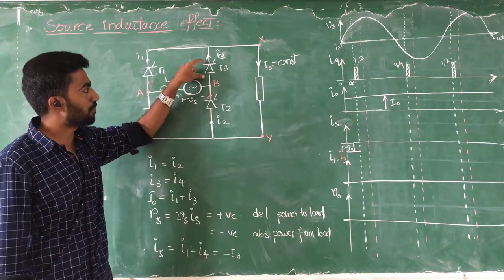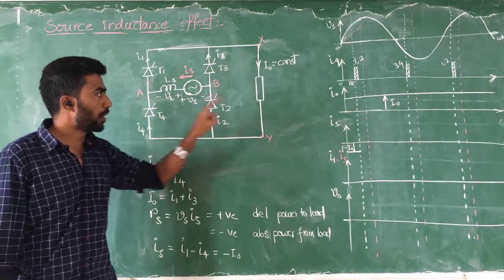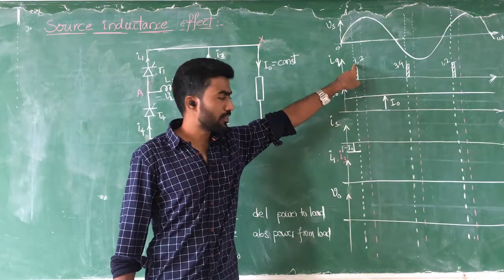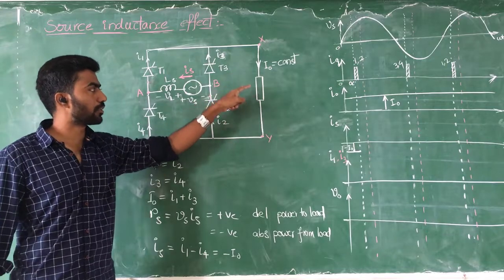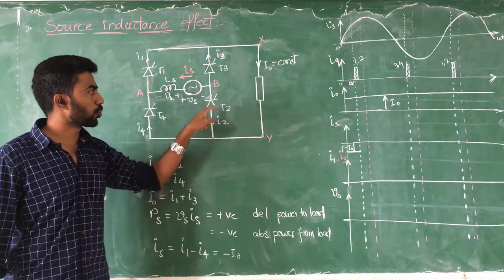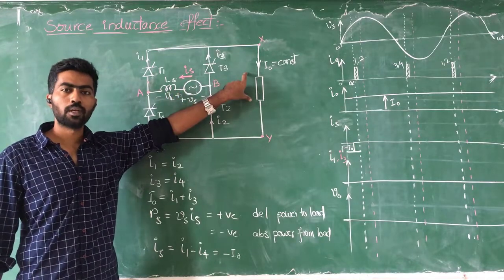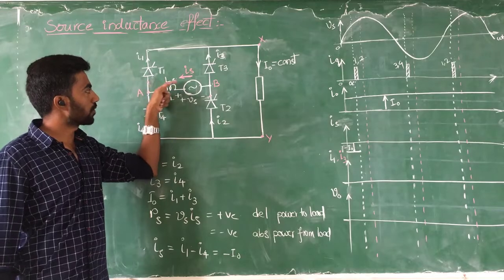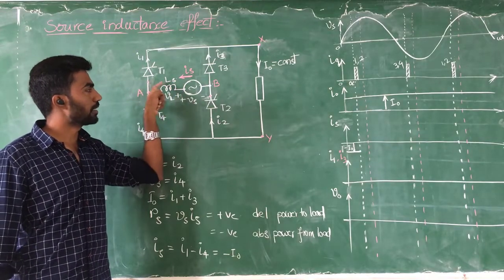Previously, before alpha, T3 and T4 were conducting. Once T1 and T2 were given the triggering pulse, they also started conducting, but the current prefers to flow through T1 and T2 because they give energy to the load. Previously current was flowing from A to B in the inductor.